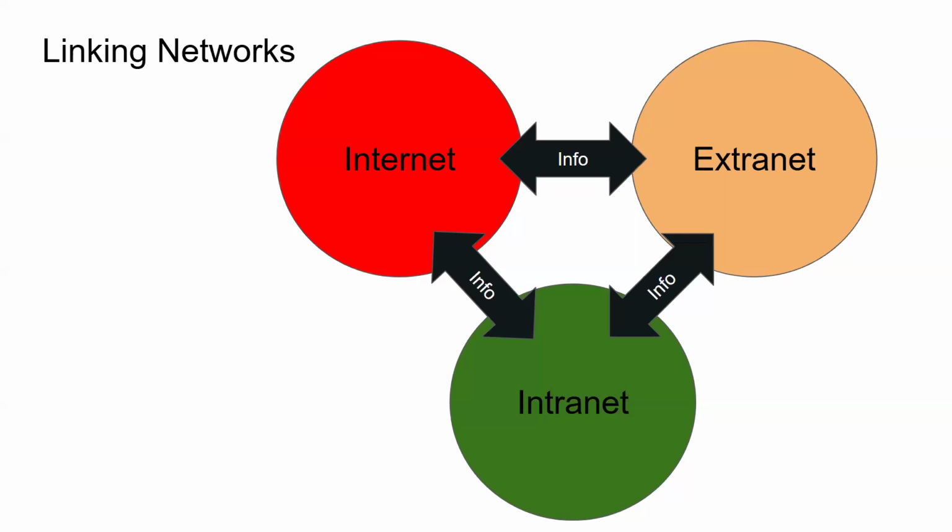When we link the internet, extranet and intranet, we can implement more efficient and effective digital services for our citizens, right? Otherwise, sometimes we duplicate data if there is no link between these types of networks, right?